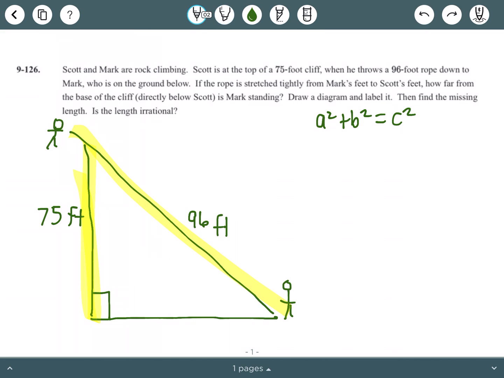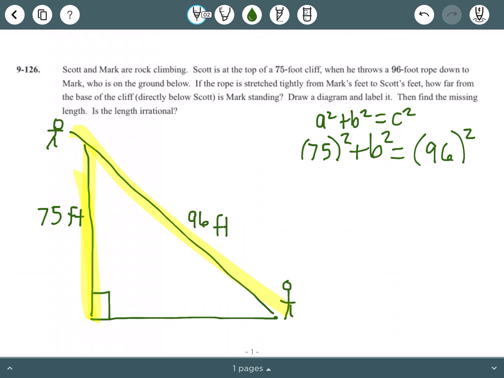So let's plug in. 75 can go in for A or B. It does not matter. So 75 squared plus B squared equals 96 squared. Now we can go ahead and put some numbers into our calculator. We're going to do 75 squared.